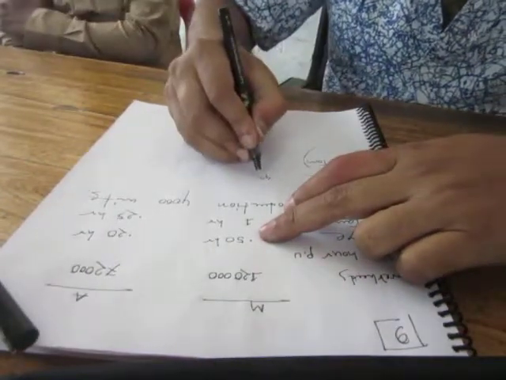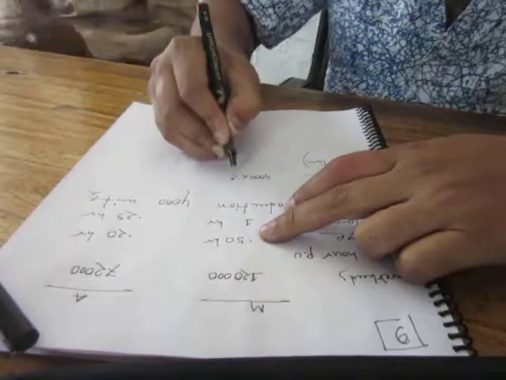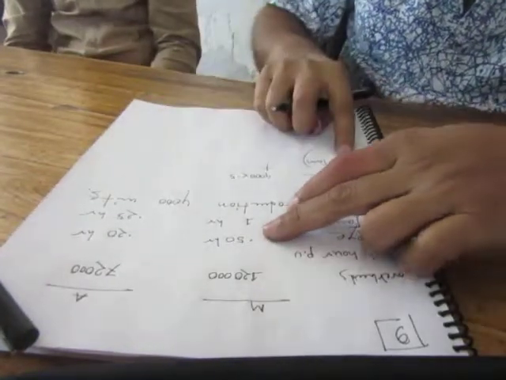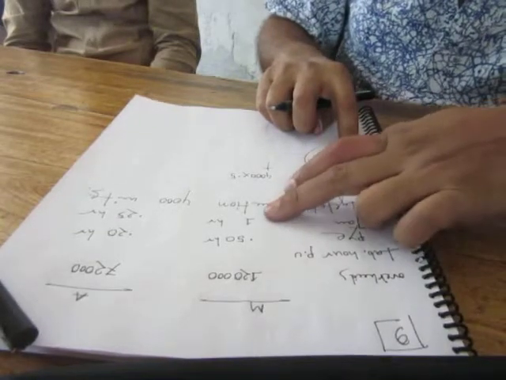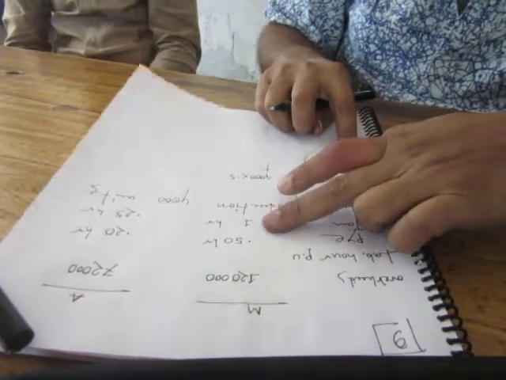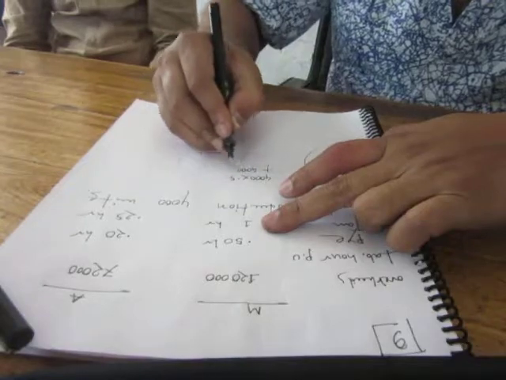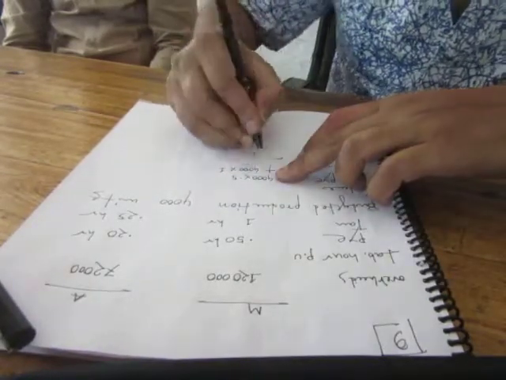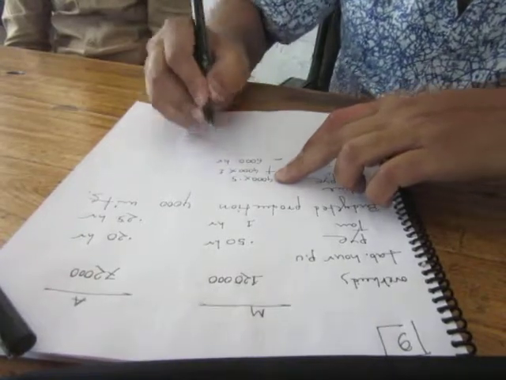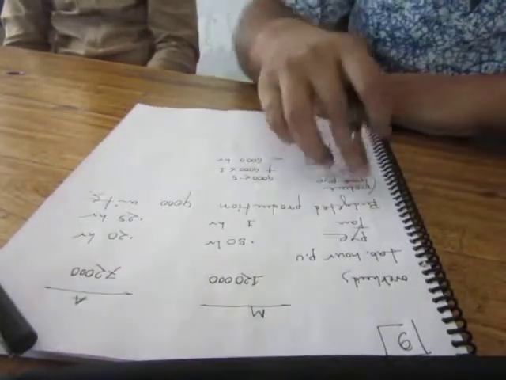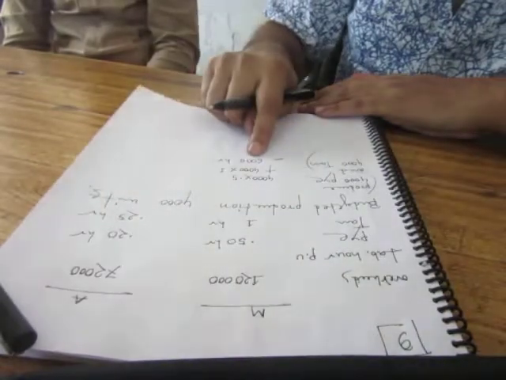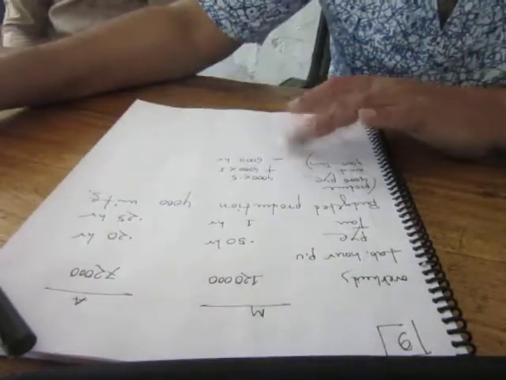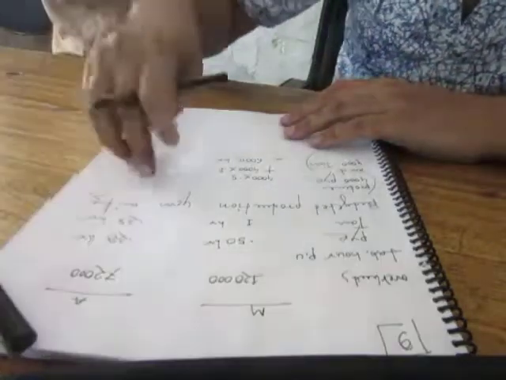So 4,000 into 0.5 hours they require to produce the pi. They are also producing 10. For each 10 they require 1 hour. So plus 4,000 into 1. So 2,000 plus 4,000, that means as a whole to produce this much, this department requires 6,000 hours as a whole.